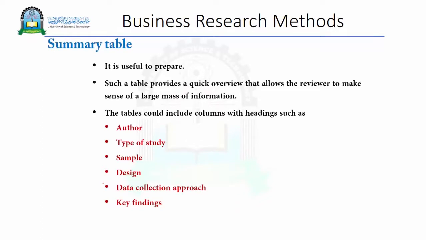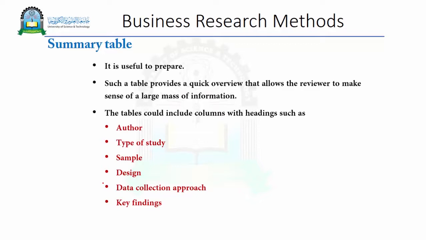Sometimes the researcher needs a way to archive the studies, so he can come back to them very easily, because the researcher will have many studies when he reviews the literature. Sometimes some of the researchers read 60, 70, 80, 90 research papers. So from time to time he needs to come back to some of them.